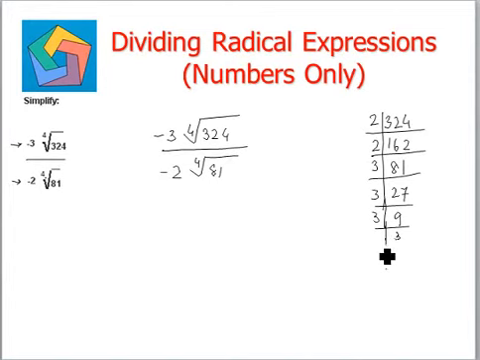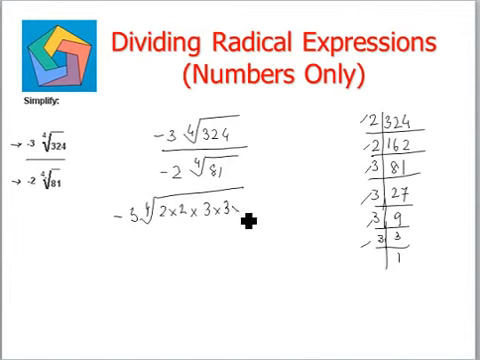And 3 divided by 3 is 1. So we'll list out the factors inside the radical. We have two 2's, 1, 2, and four 3's, 1, 2, 3, and 4.